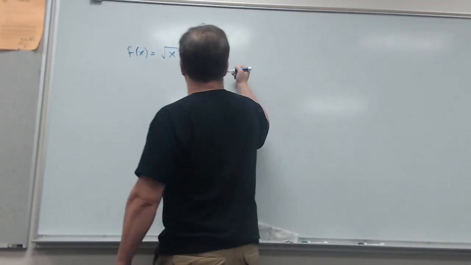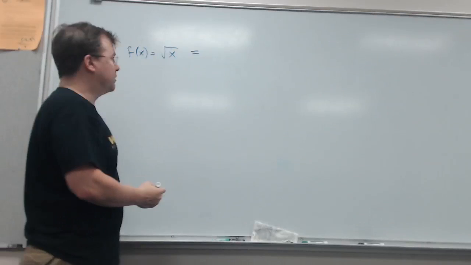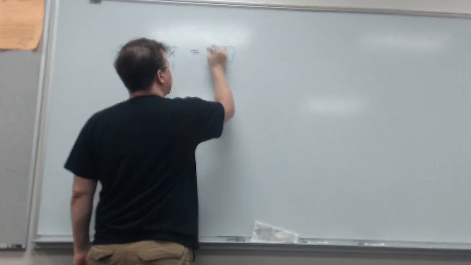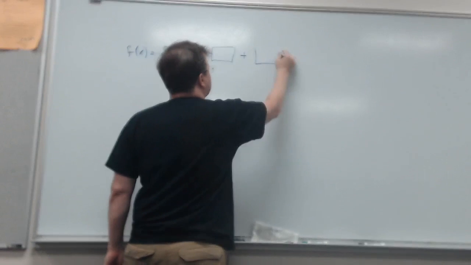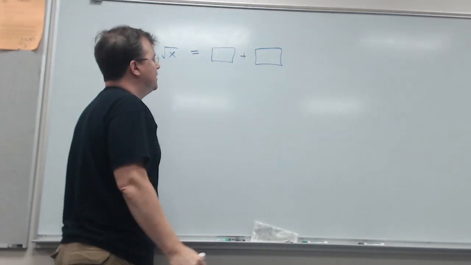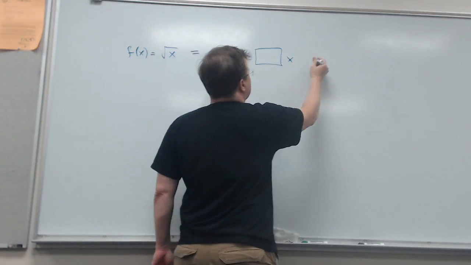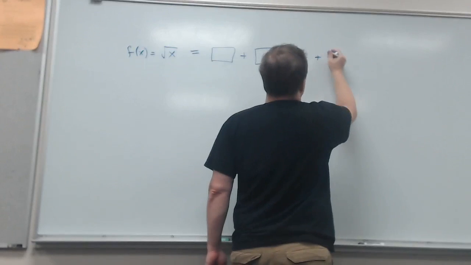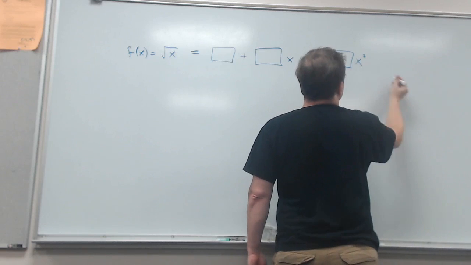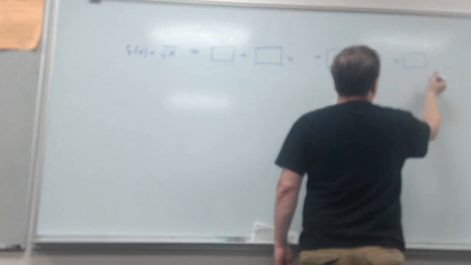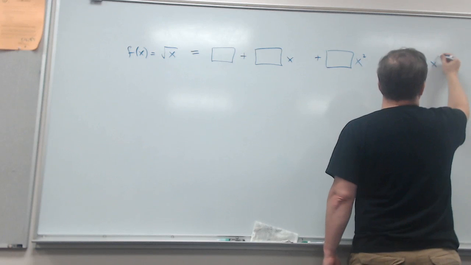Okay. I'd like to find a Taylor series for this. I'd like to figure out a number to put right here, and another coefficient right here, times x, plus some other number right here to say that's times x squared, and so on and so forth, and hopefully get a general pattern.